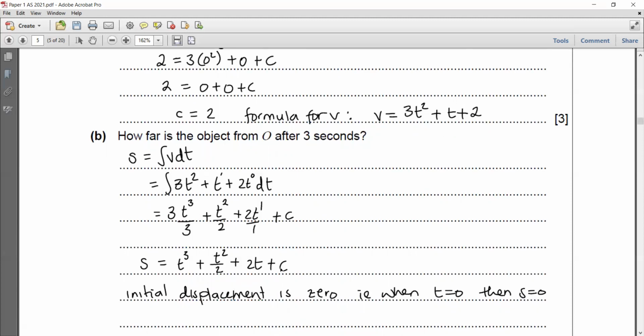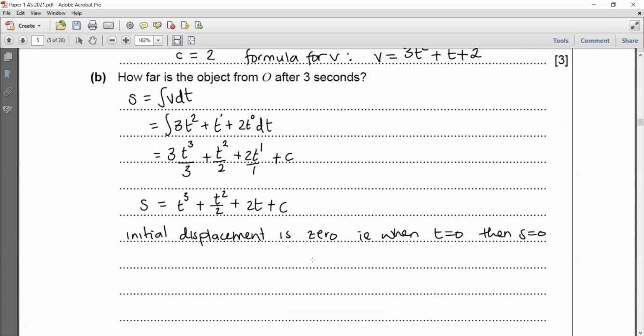And then we have to figure out what C is equal to. So we substitute: S is 0, this is equal to 0 cubed, plus 0 squared over 2, plus 2 times 0, plus C. And here we can see that C is equal to 0.